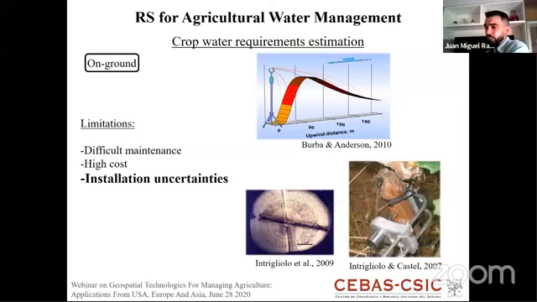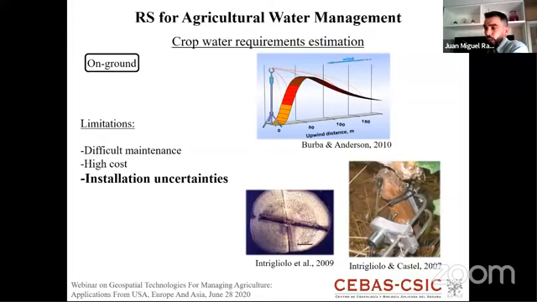The installation uncertainties also play a critical role. For instance, eddy covariance systems require sensors to be installed at a certain height above the plant canopy in relatively flat areas, which is not always possible.